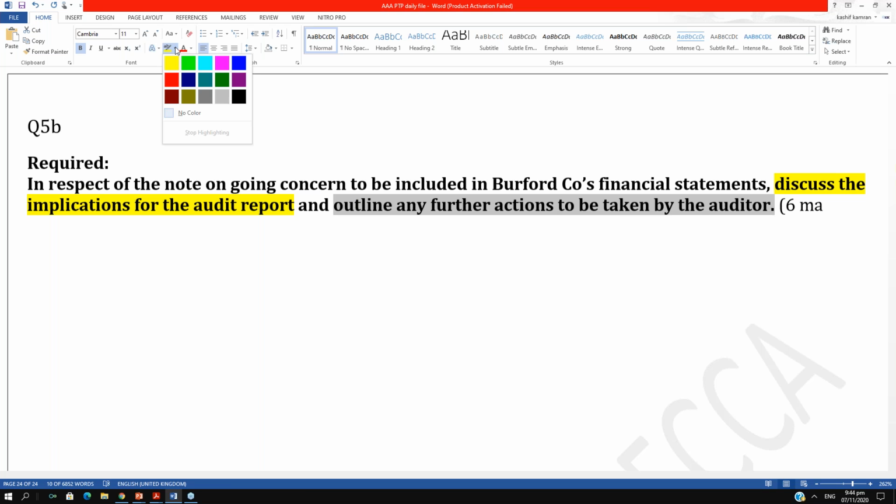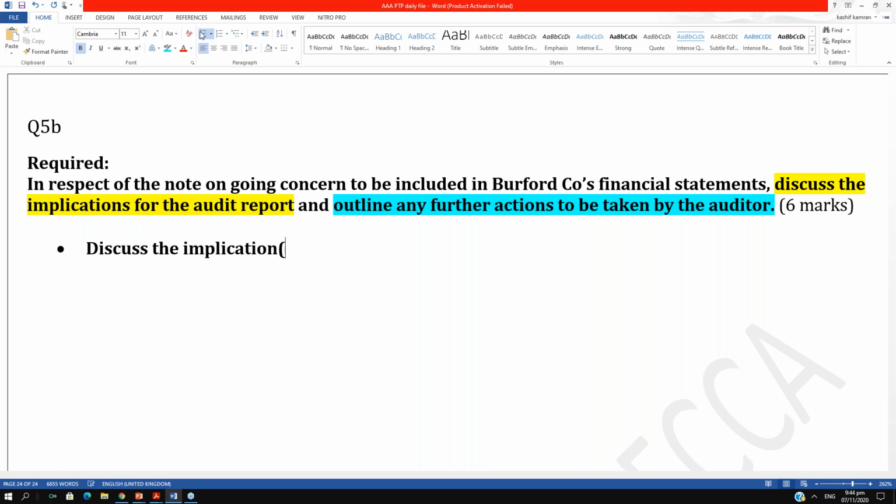I'm using different colors to break the requirement, right? And I hope you all agree these are two different requirements. So the first thing the examiner wants us to do is discuss the implication. Implication means impact. So discuss the impact for the audit report, number 1. And number 2, outline. Outline means to recommend any further actions.